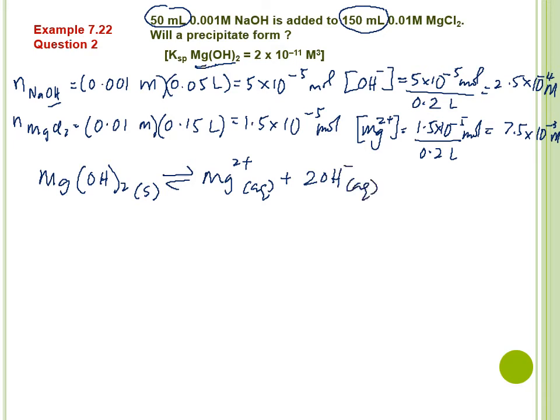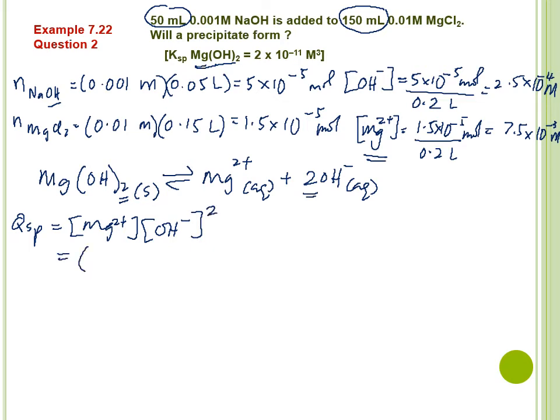The stoichiometric coefficient here is 2 because we have 2OH minus, since the charge of the cation is magnesium 2+. So what is the Qsp? The Qsp would be the concentration of magnesium ion multiplied by the concentration of OH minus ion to the power of 2.